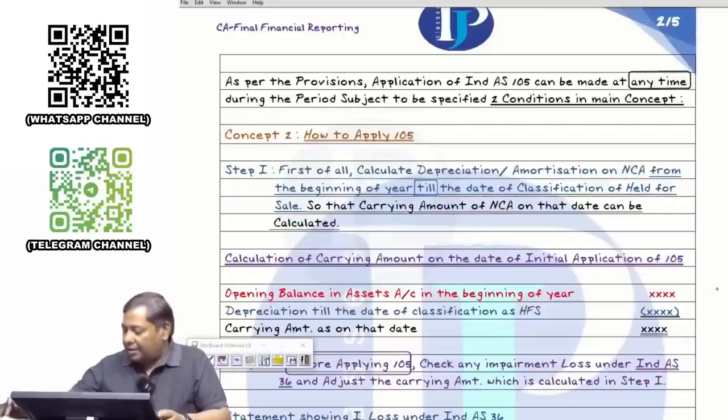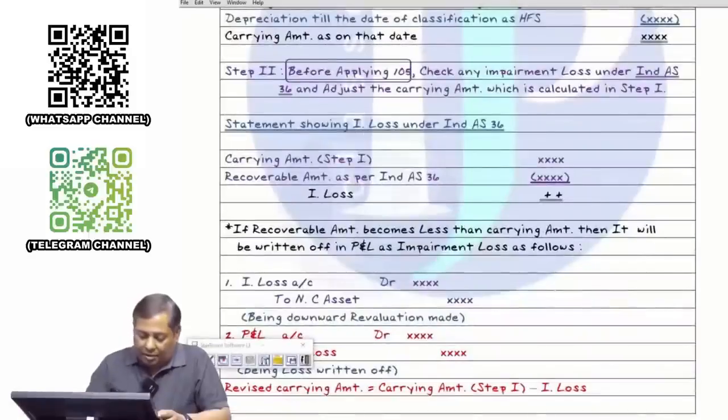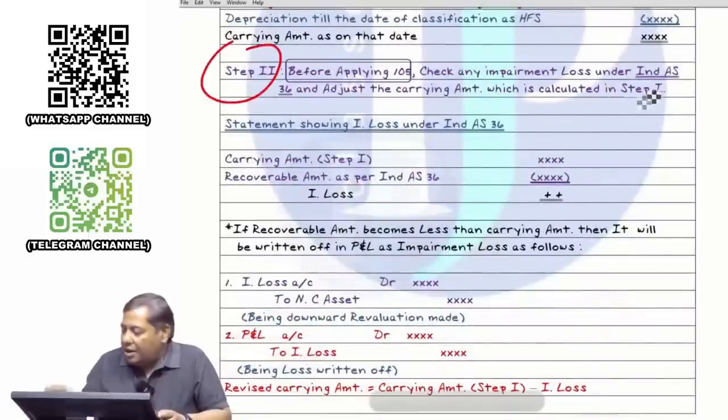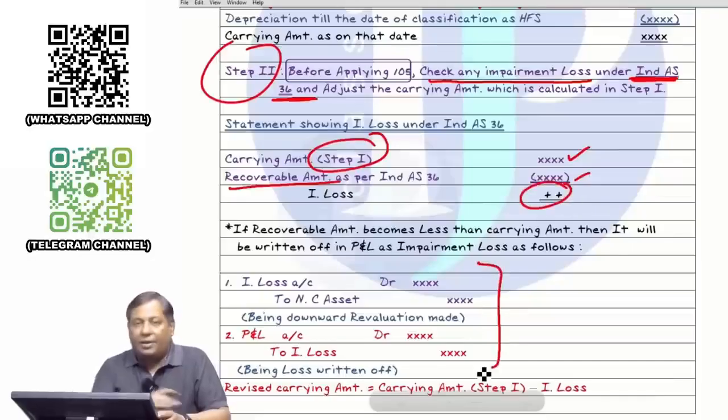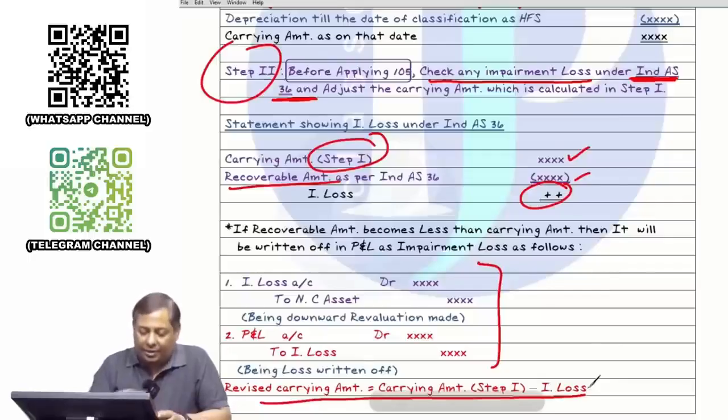Then we came to the second step. Its second step was to test the impairment as per Ind AS 36, check the impairment loss. Its formula was the carrying amount which came from step 1, find the recoverable amount and find out the loss. So you will get 2 entries of loss, then your carrying amount will be revised. If impairment loss occurs, then the carrying amount gets revised.